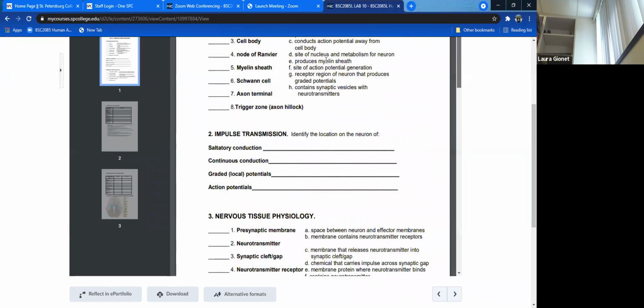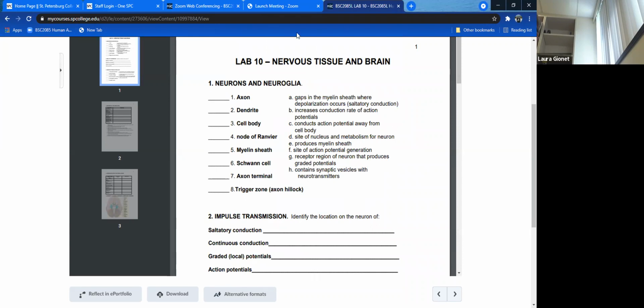Okay, so that being said, let me stop sharing that because now we've filled that in. Let me go into the course content so we can look at some images. I have some other links up here. One is another image of the brain just below the lab.